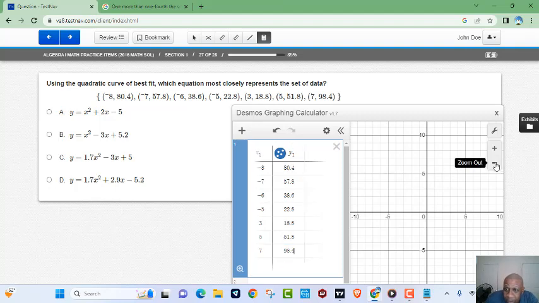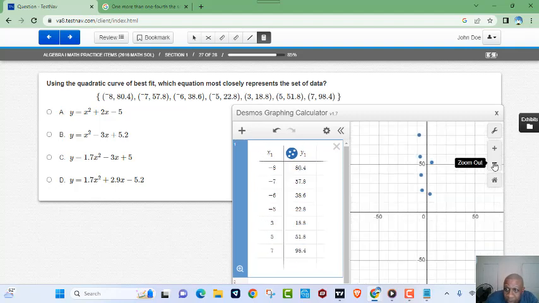Alrighty, and let me just see something here. Okay, yeah, I just wanted to zoom out to see those. So this looks like, yep, quadratic curve of best fit.